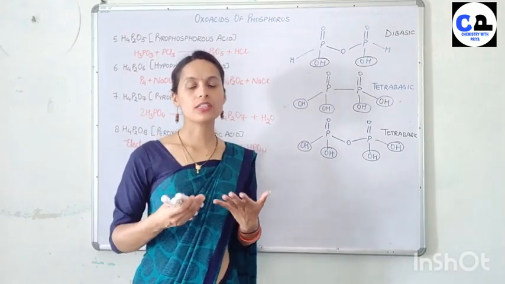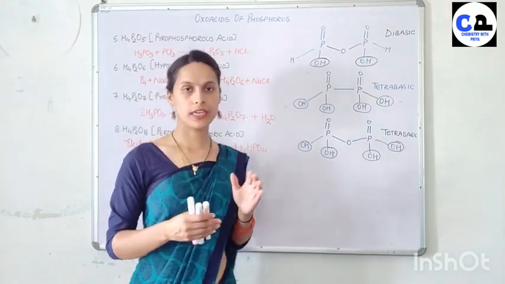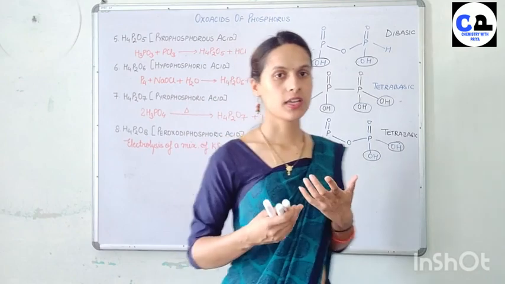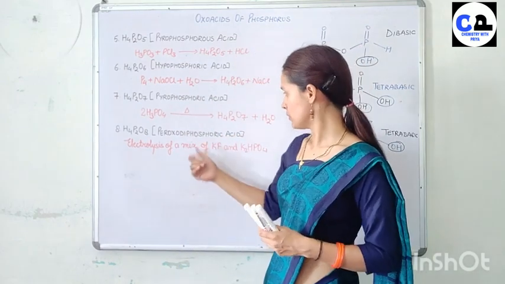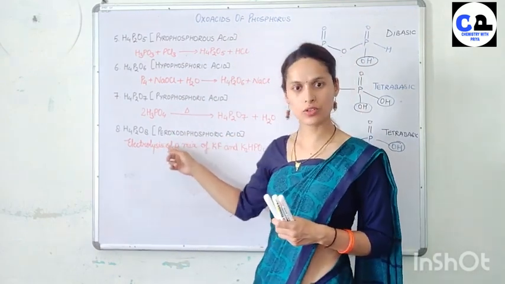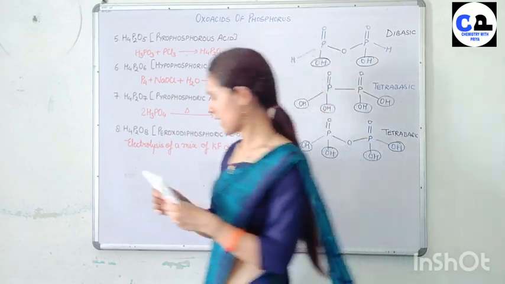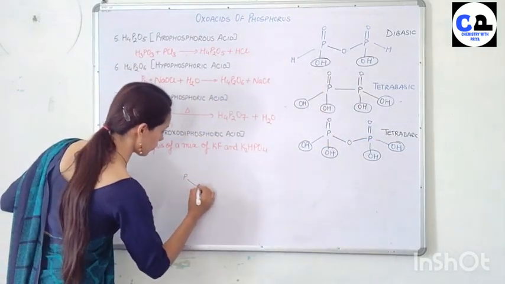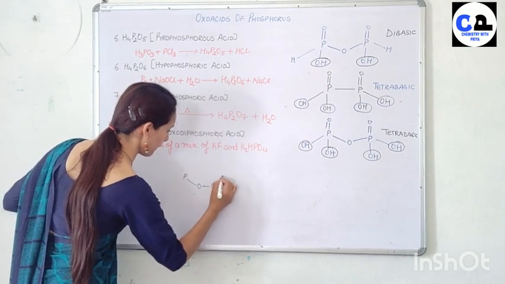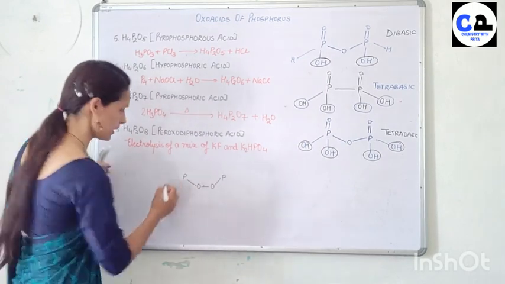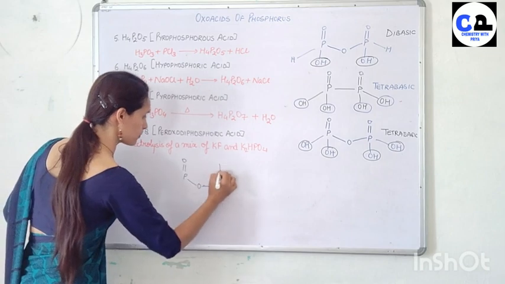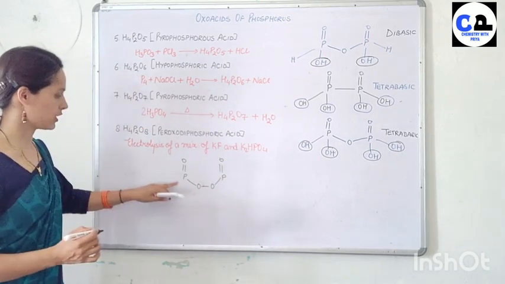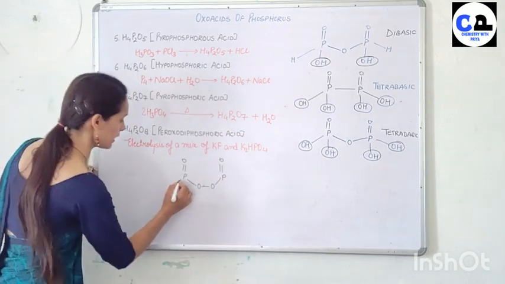And if we draw the structure of H4P2O8, we get which linkage? That is the peroxo linkage. So the structure is like this: P O O P, double bond O, double bond O. How many oxygen are left? 4 oxygen are left.